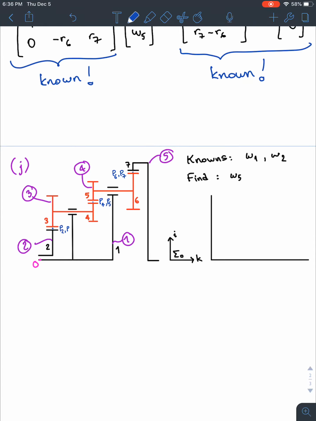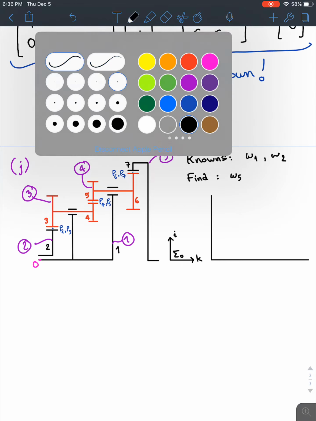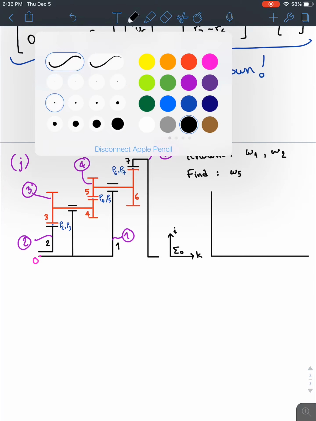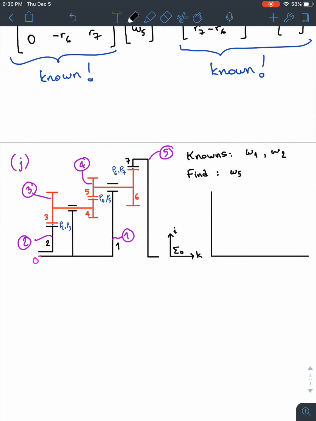The pitch point between gears 2 and 3 is called point P, and P2 is the point that coincides with P that's on gear 2, and P3 is the point that coincides with P that's on gear 3, right? So the constraint is that the velocity of point P2 must be equal to the velocity of P3, right?